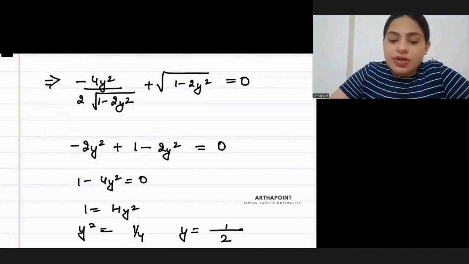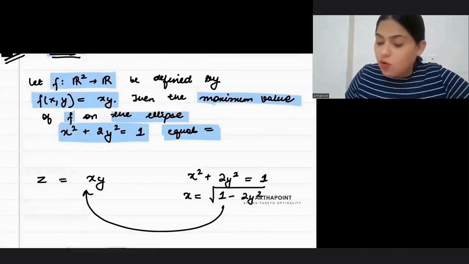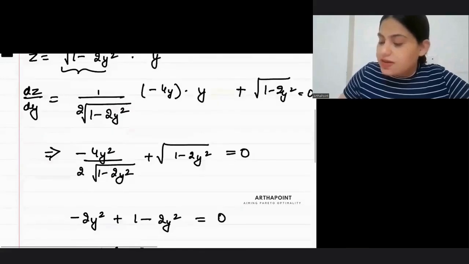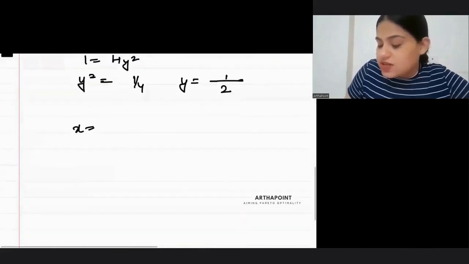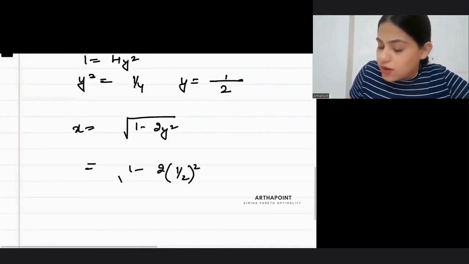And if y is 1 by 2, it says the maximum value of the function. So beta, your x was defined by this, the square root of 1 minus 2y squared. So x will be the square root of 1 minus 2 into (1 by 2) whole squared.